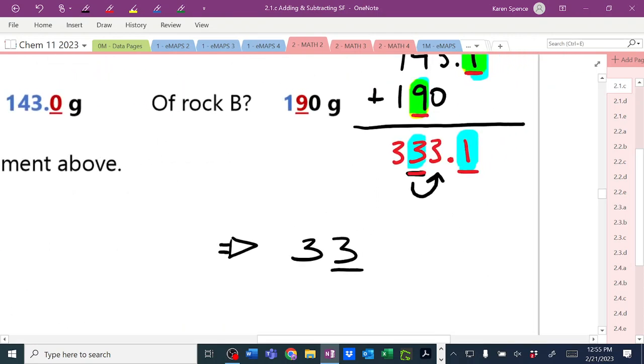I've taken a number that is approximately 300 and rounded it to a number that is approximately 30. Yeah, I need a 0. Don't make the mistake of just cutting the number off. You have to keep all the zeros at the end to keep the same place values. So you definitely need to have this 0 here. That would be 330 grams.